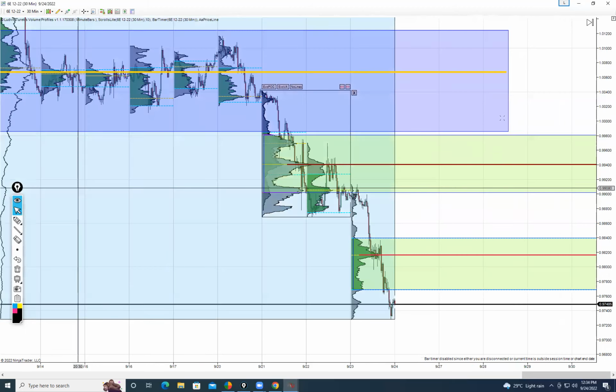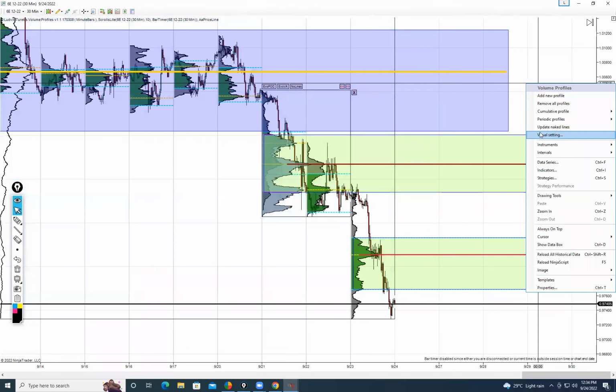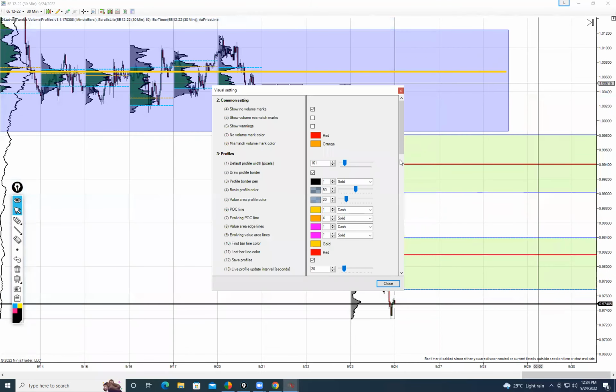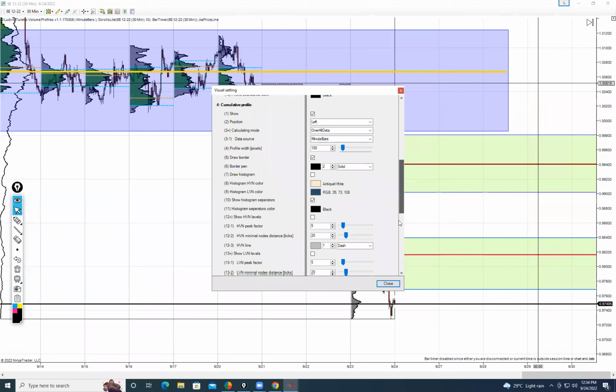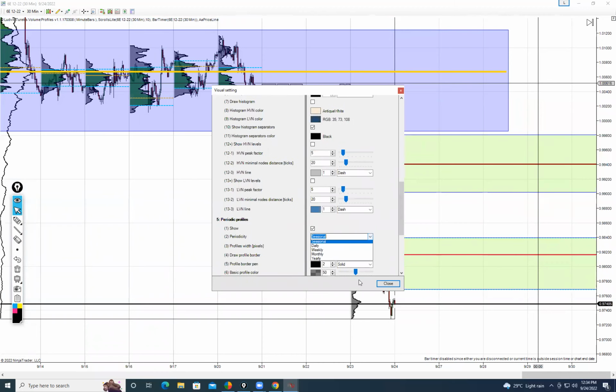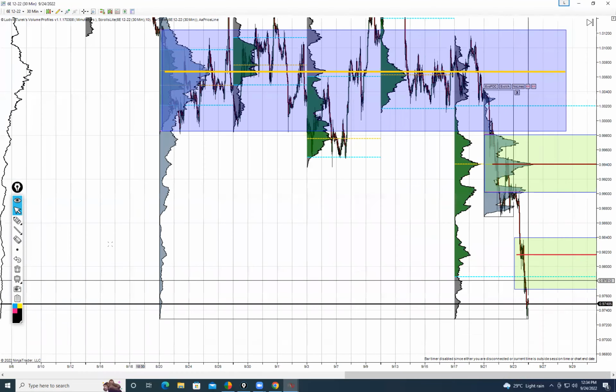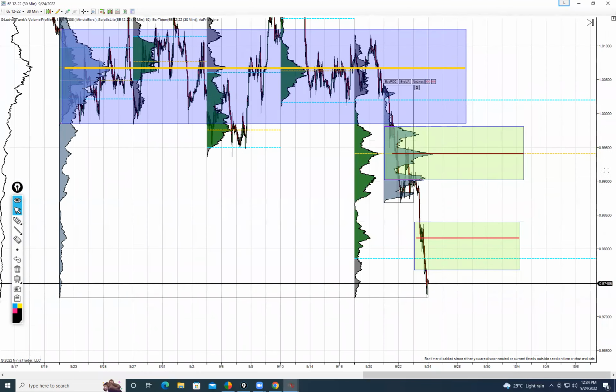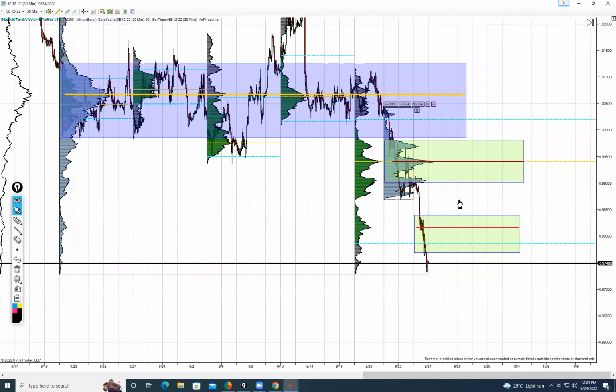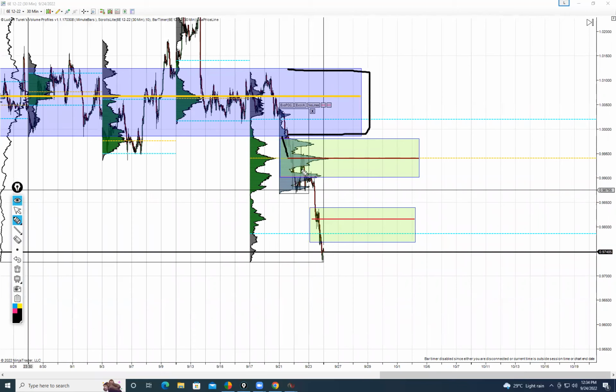So we go back to our weekly, come for next week. What is happening is in our context, we have broken outside the weekly value. We discovered new value right here, a new value right here.